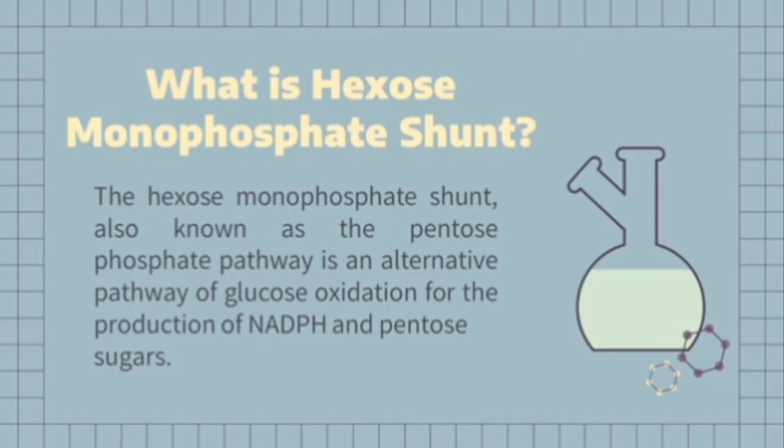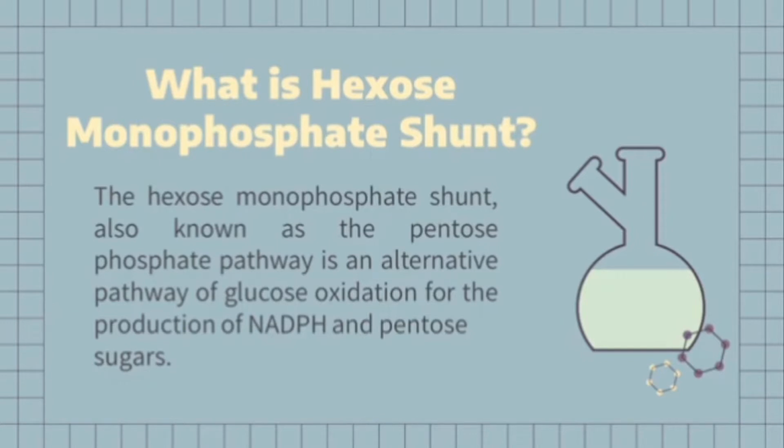So, this hexose monophosphate shunt is a metabolic pathway parallel to glycolysis and the TCA cycle, also known as the Krebs cycle, in the oxidation of glucose. It generates NADPH and pentoses, as well as ribose 5-phosphate, a precursor for the synthesis of nucleotides.